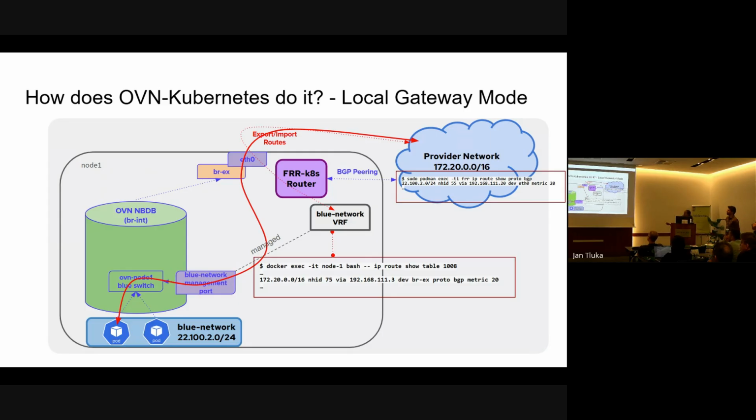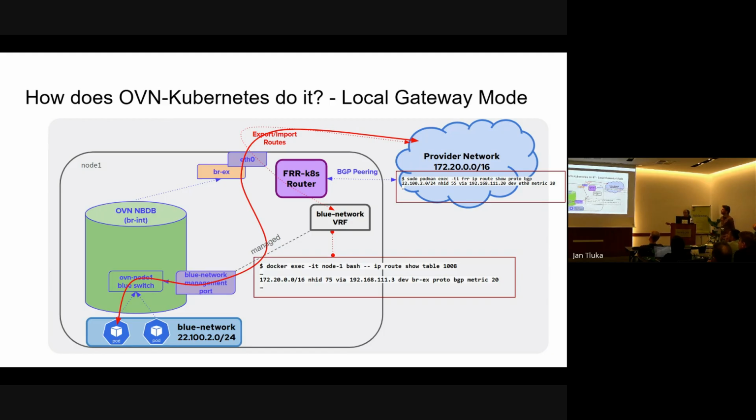And from the provider network, the FRR router, which is peering, will import the routes, copy it into the VRF. Each network is associated with its own VRF. So you see the route of the external provider network 172.20 appear in your routing table here, right here. And that is what is used for routing. So pod goes via OVN to the host. It sees this imported route and then leaves via the VRF to the outside.